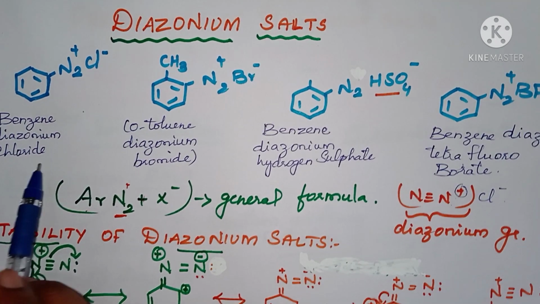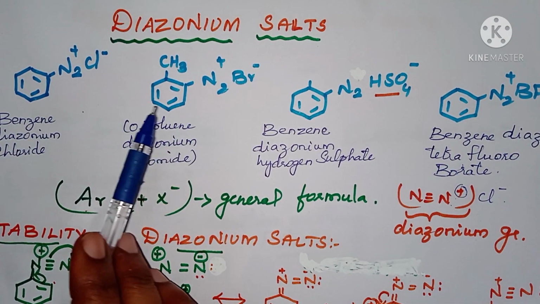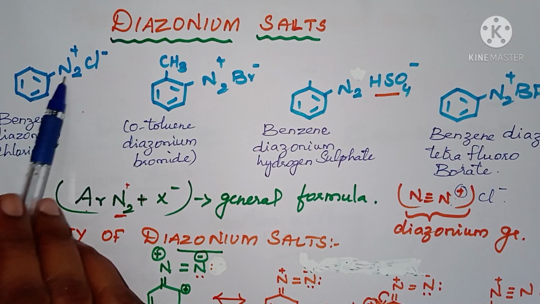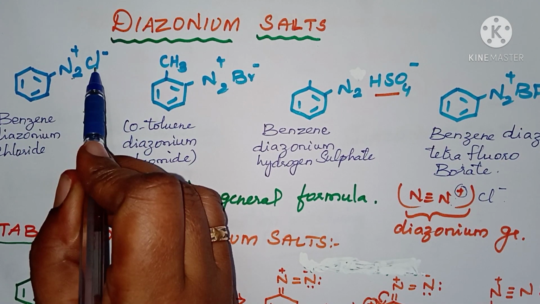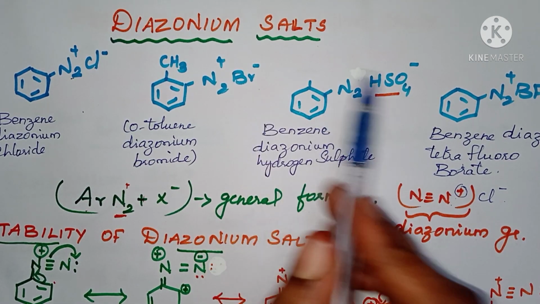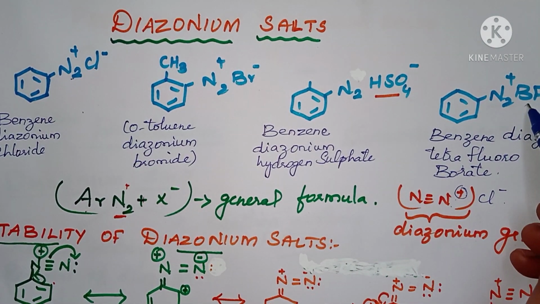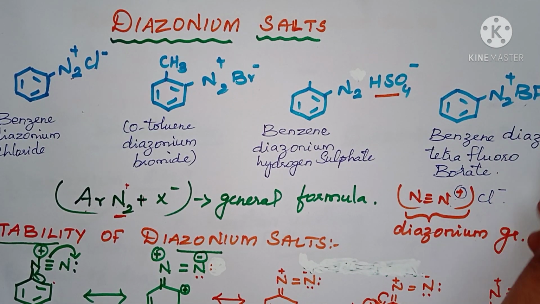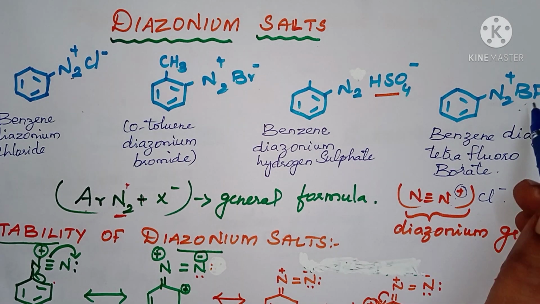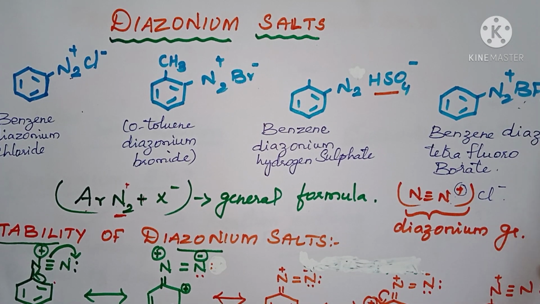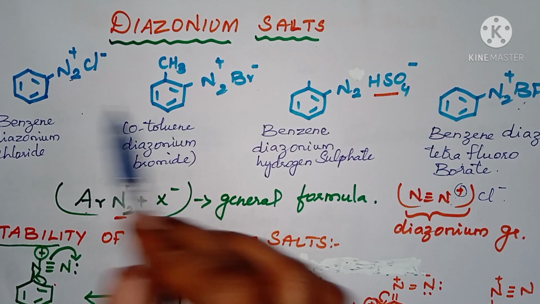Now some few examples we are going to check. This group N2Cl minus, N2Br minus, N2HSO4 minus, N2BF4 minus. So these are all azo groups, that means diazonium salts attached with the benzene ring.